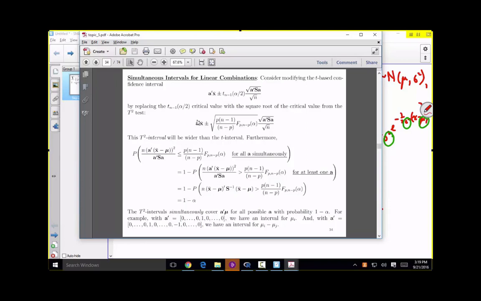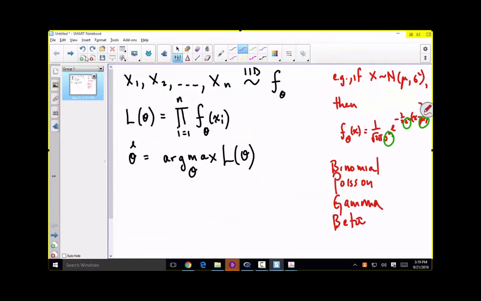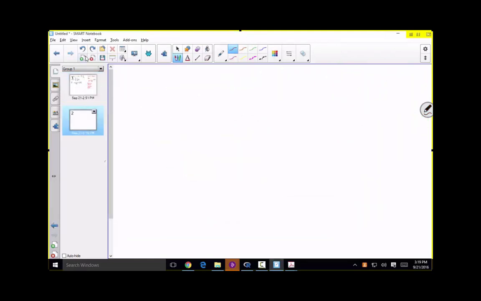is that any linear combination of the x bars... let me go to the whiteboard for a second here. Let's suppose we have data that is multivariate normal. So we'll say normal p-dimensional with a mean vector mu, covariance matrix capital sigma. These are IID, independent and identically distributed.